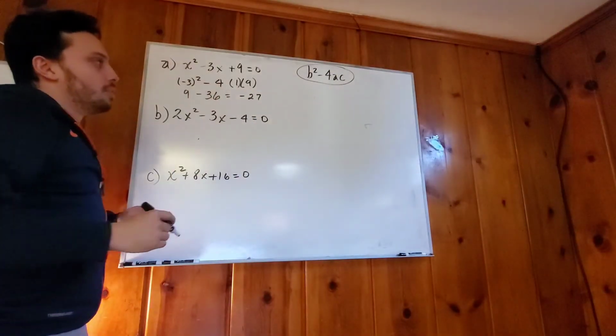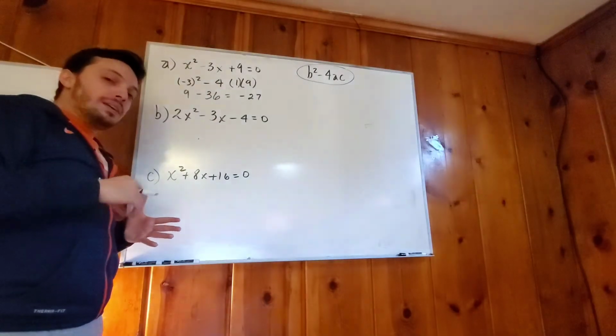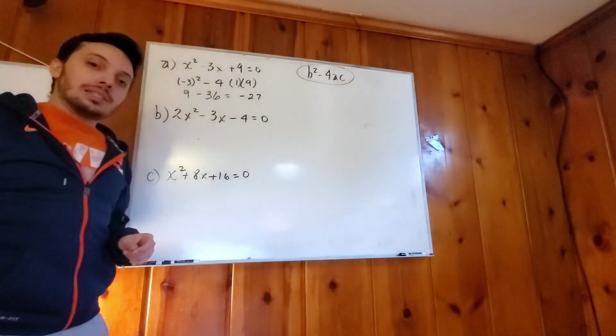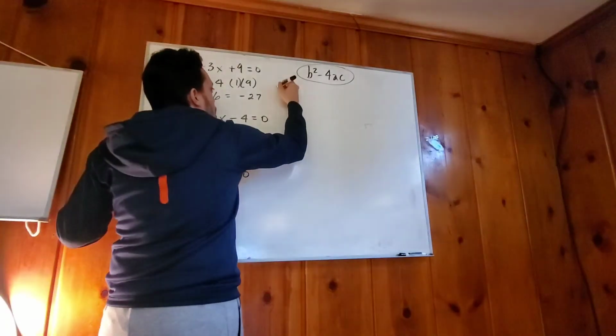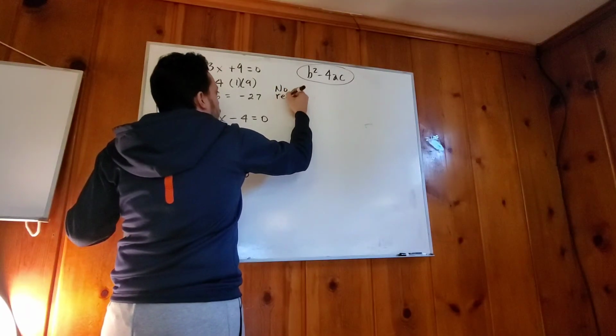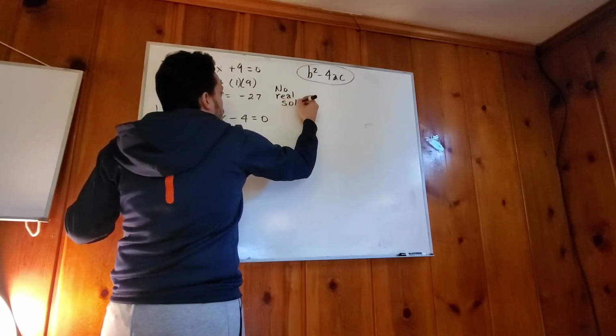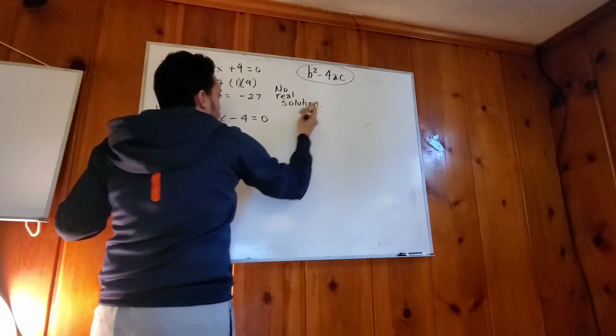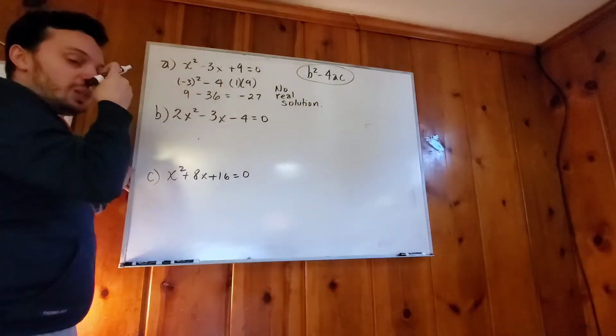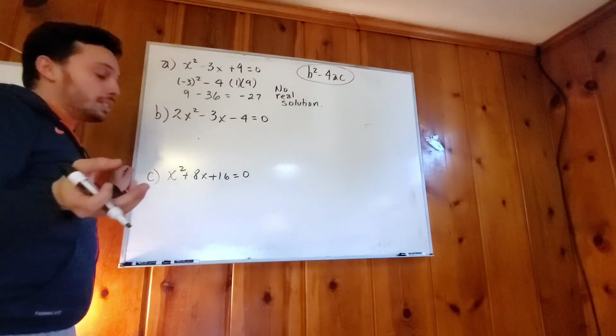Because it's negative, I already know negative 27 is less than 0. And because it's less than 0, it has no real solution. It doesn't cross the x-axis. It doesn't have any x-intercept.